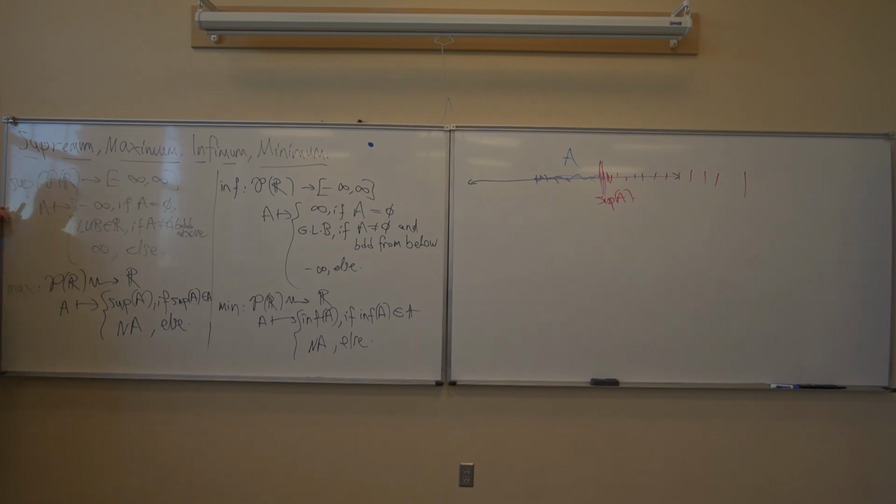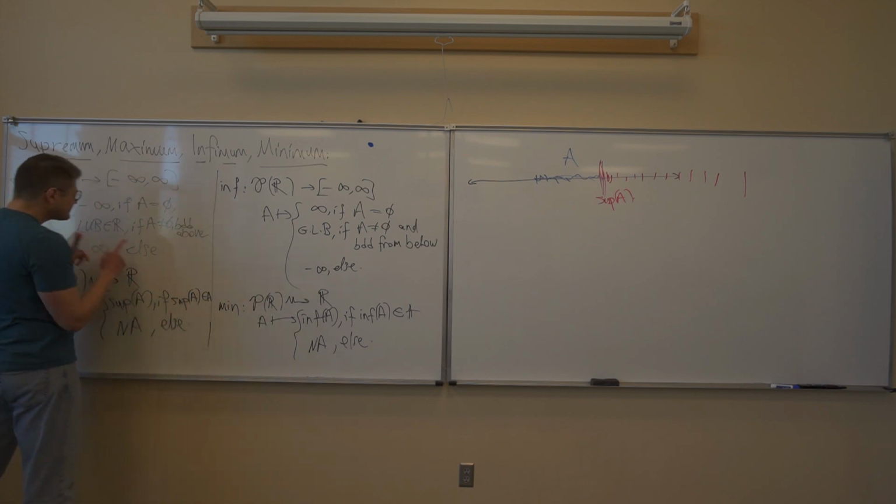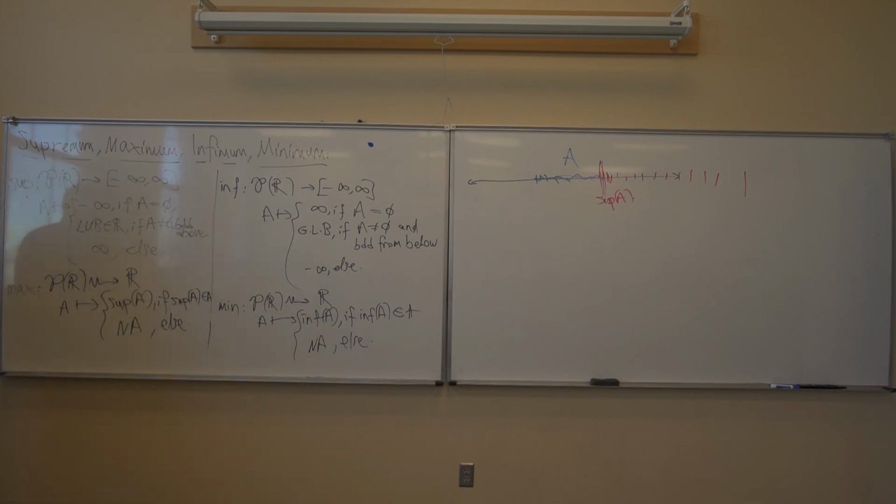It's pretty much the same thing, except that max of a subset is not defined for arbitrary subsets. It is undefined unless this condition holds, namely that sup of A has to exist as a number, and it has to be included in A. In which case max of A equals sup of A, otherwise it is not defined.